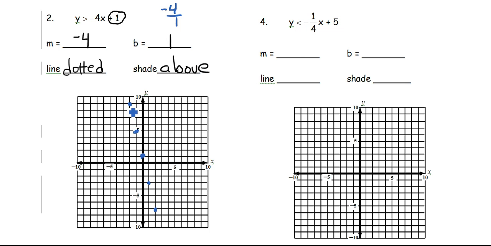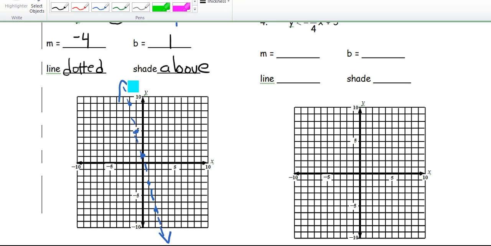Now, this is a dotted line. So, it means that the points on the line and the points that we've drawn do not work. They will not be a good solution. Now, hopefully what you're doing is you're using a ruler to draw this, and it's going to be shaded above. Now, it gets a little dicey when you've got a line that's a lot like this, but let's look at the point on the y-axis.